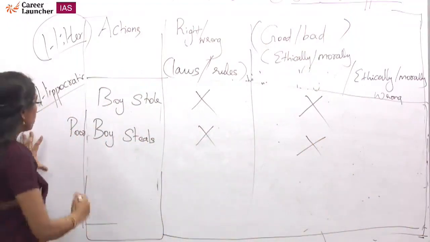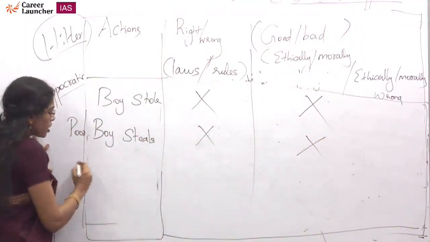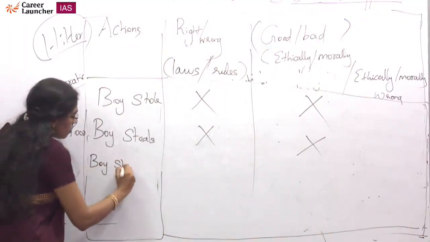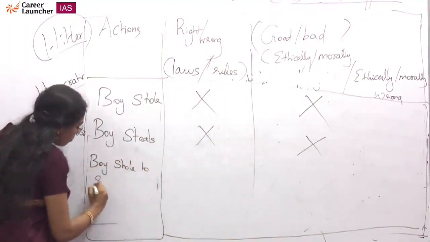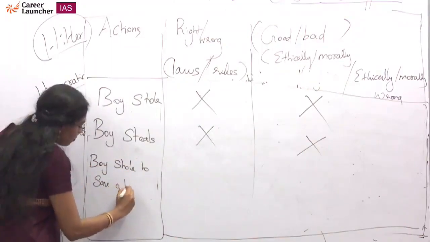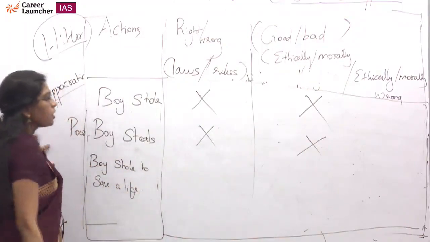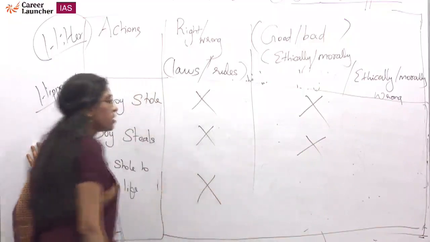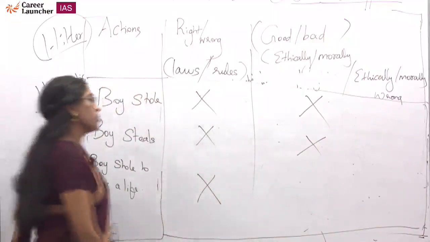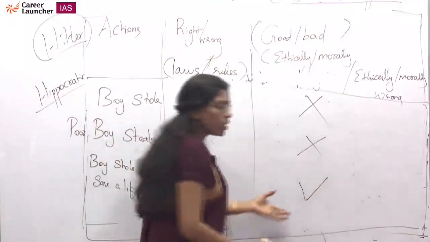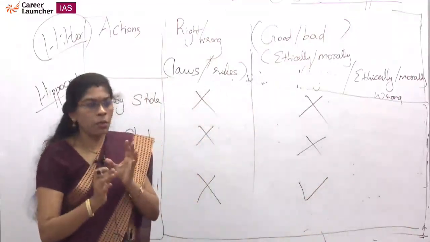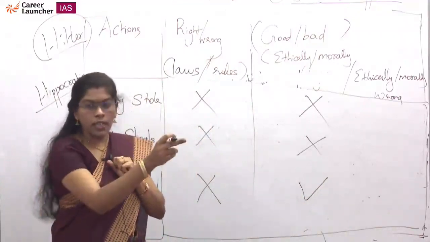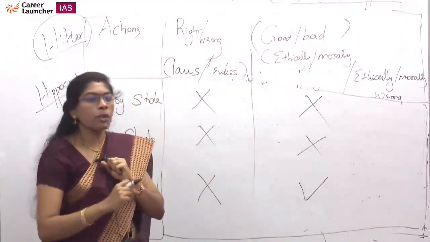Stealing is sin. Now, the third condition. The boy stole to save a life. Is it legally right? No, again it is not right. Is it morally right? Yes, it is morally right. Here also, as I already told you, there will be confusion. An ethical dilemma will come. Saving a life may be an important priority in one person's value system.